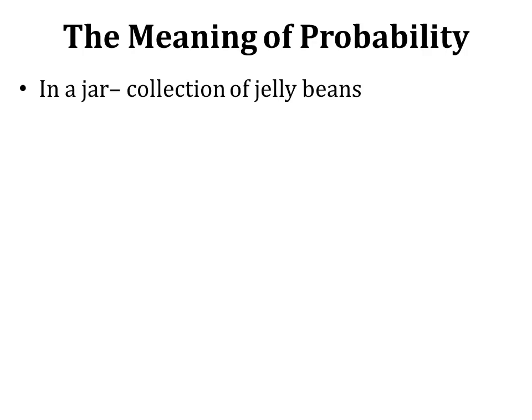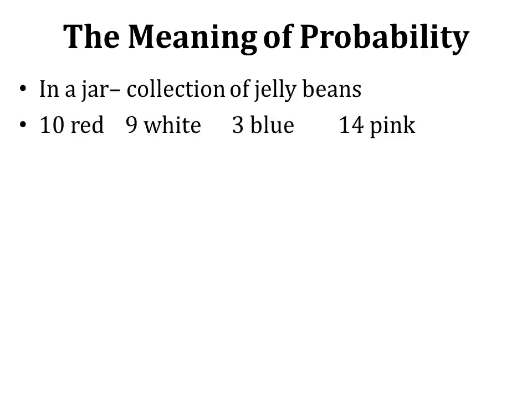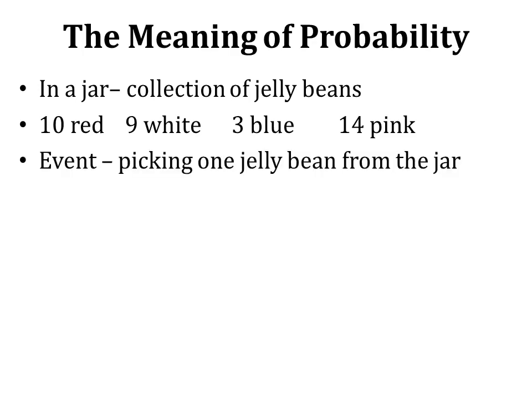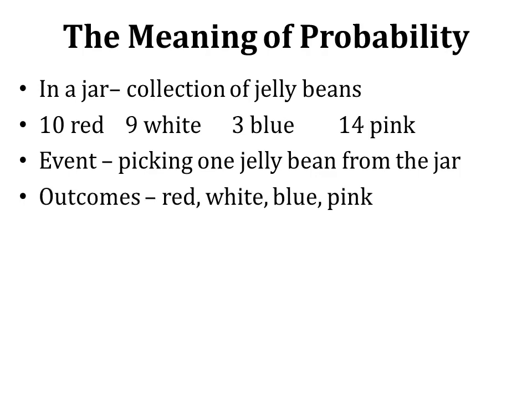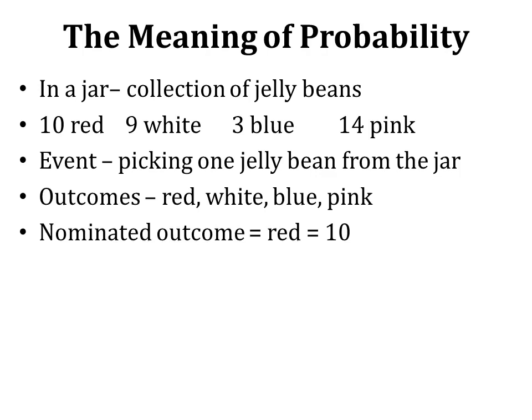And then we have another example. In a jar we have a collection of jelly beans of different colors. There are a total of 36 jelly beans, out of which 10 are red, 9 are white, 3 are blue, and 14 are pink. The event is picking one jelly bean from the jar. Outcomes could be red, white, blue, or pink. The nominated outcome, for example, is red, and we are picking up one jelly bean from the jar.